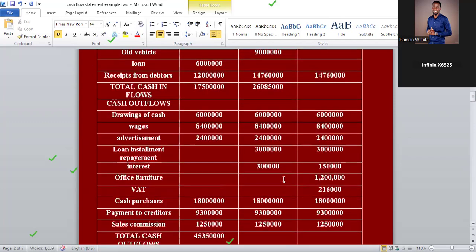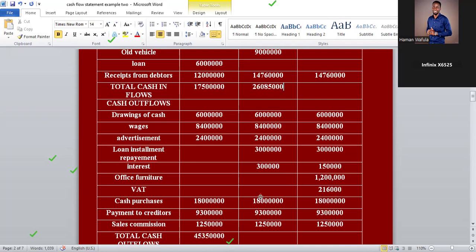Then the outflows is 6 million, plus 8,400,000, plus 2,400,000, plus 300,000, plus 18 million, plus 9,300,000, plus 12,500,000, plus 1,250,000.